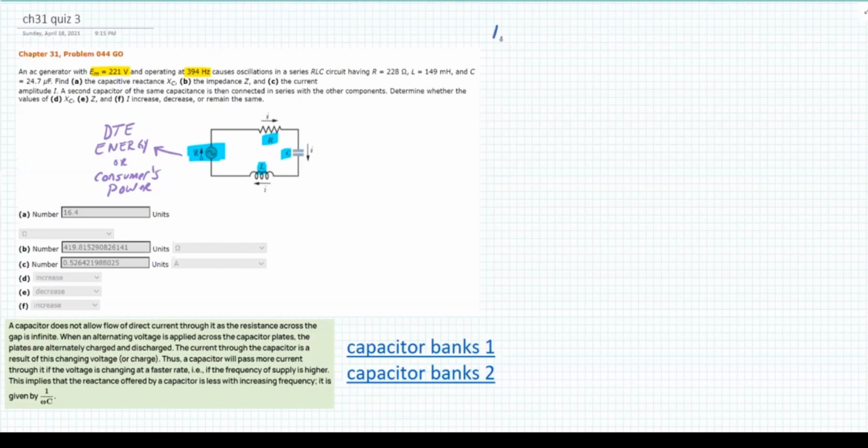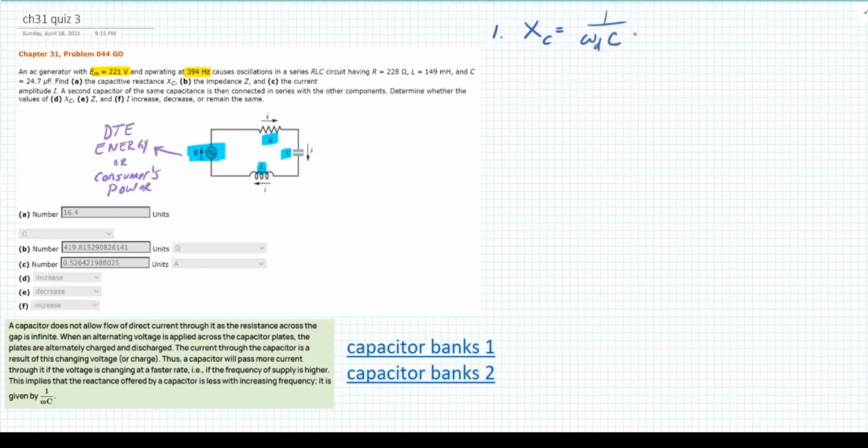This problem will be a ton of new introductions, unless you watched the Green Sheet YouTube lecture video, in which case you've seen this stuff before. Part A says, what is the capacitive reactance? So ready: X sub C equals 1 over omega D times C.